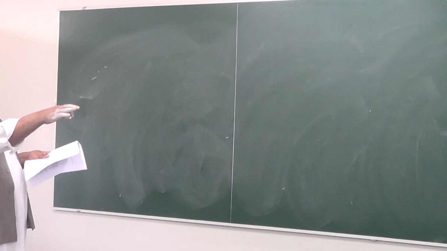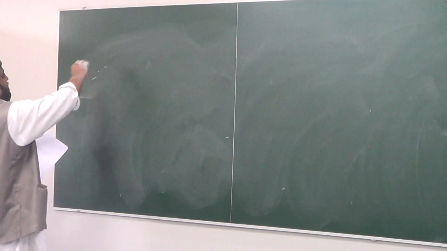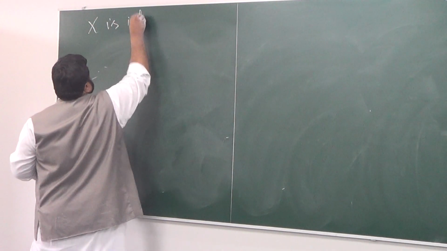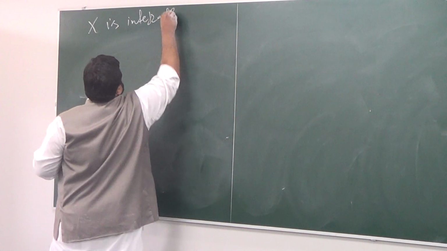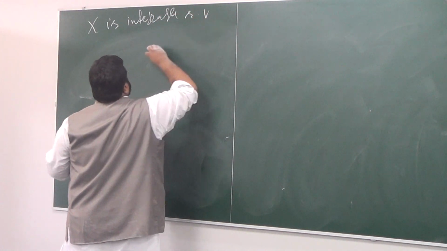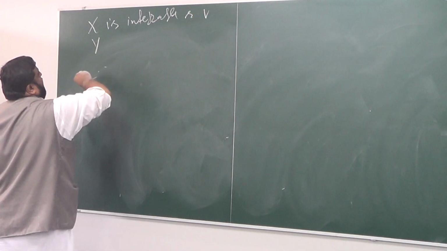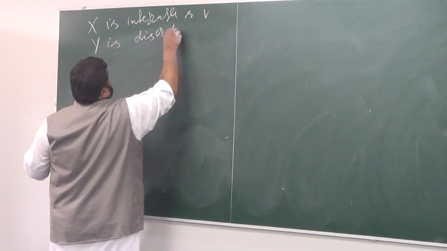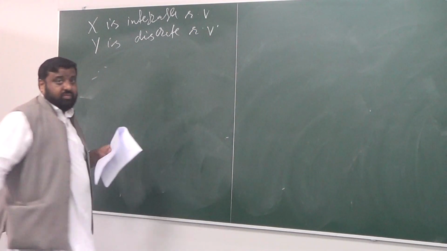I will always assume in this discussion for the properties that x is an integrable random variable, and y is a discrete random variable.